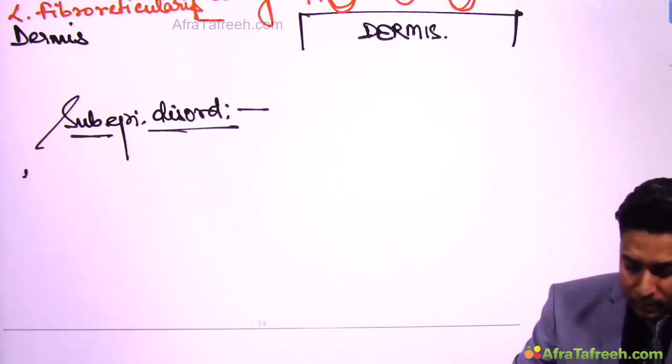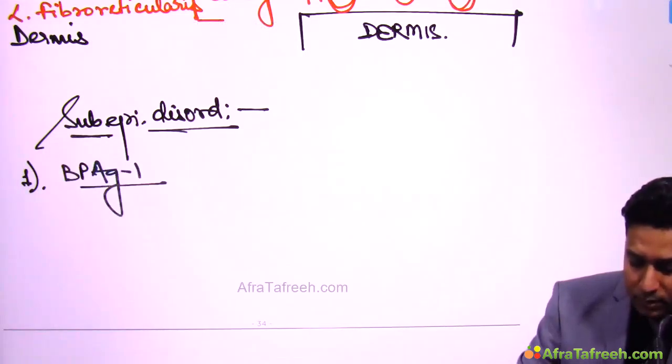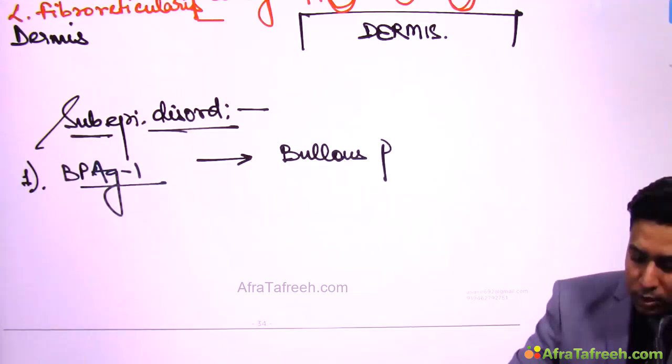Like due to defect in BPAG1, patient can develop bullous pemphigoid.